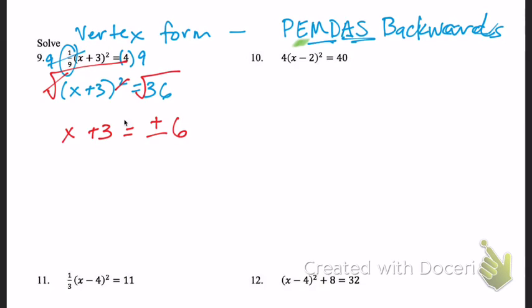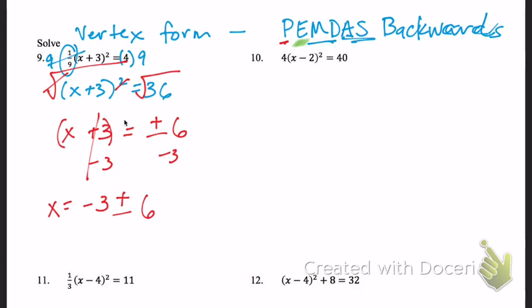And then the stuff, so this is technically in parentheses. So parentheses is my last step in PEMDAS backwards. So I'm going to subtract 3 on each side. So what this looks like is x equals negative 3 plus or minus 6.